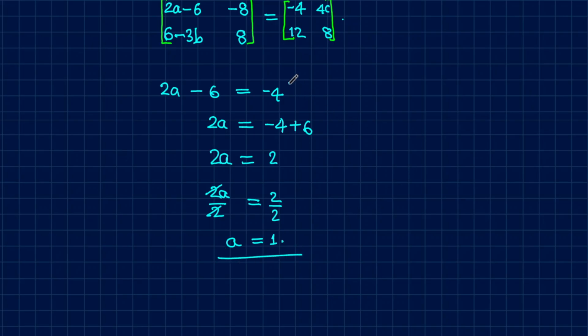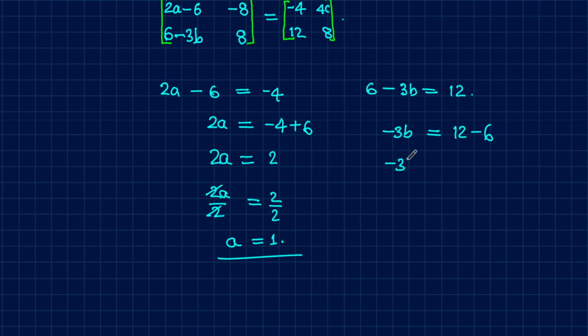And let's also look at when we're getting B. B exists in this position, and we have 6 minus 3B equals, and since this is this position, then we equate it to 12. Doing the same thing, let's also collect like terms. So we have 3B equals 12 minus 6.